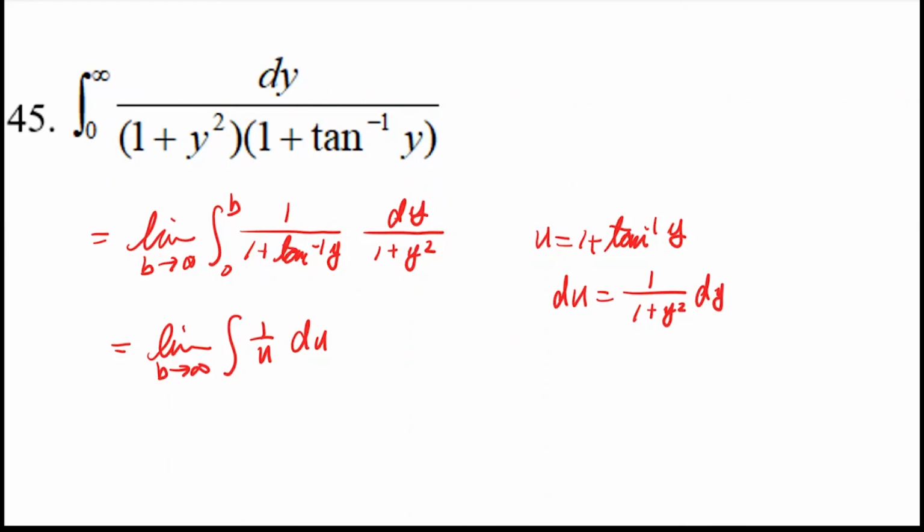You have no idea what I'm saying? Okay, if I plug in, let me do that on the side. You guys may leave. If u is equal to 0, then we have this. That means inverse tangent of y is equal to -1. That means y is equal to tangent of -1. You see, that's kind of a headache now, isn't it?